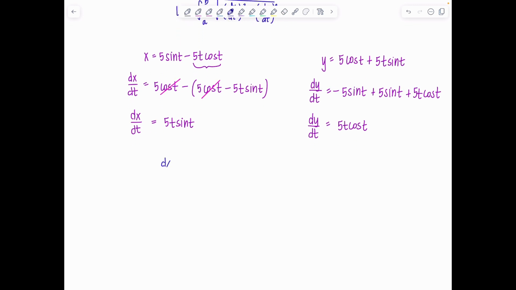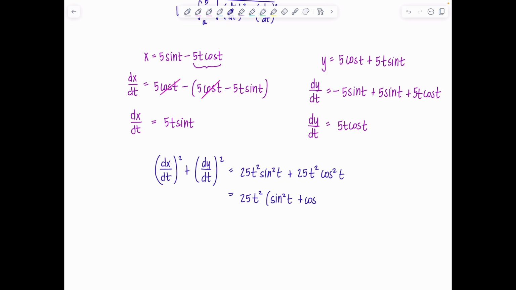So dx/dt squared plus dy/dt squared are going to be 25t squared sine squared t plus 25t squared cosine squared t. I love this because if I factor out 25t squared, we're just left with sine squared t plus cosine squared t.